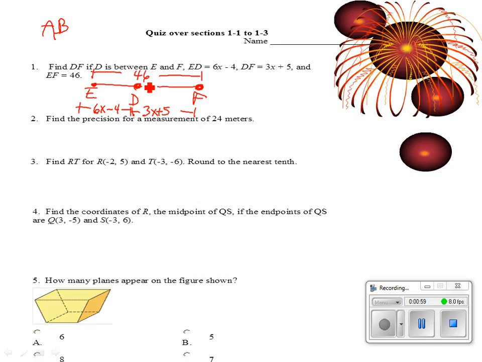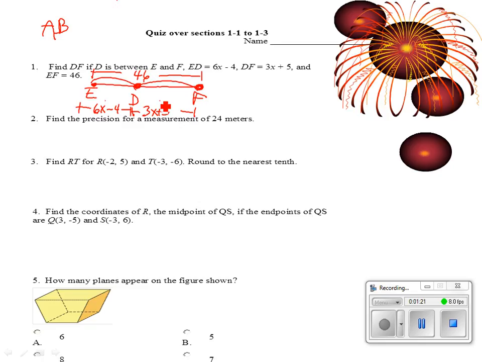So we've got it labeled. Once you have it labeled, if you walk from here to there, and then you walk from here to there, how far did you walk total? 46. Or this plus this, right? So this plus that right there.